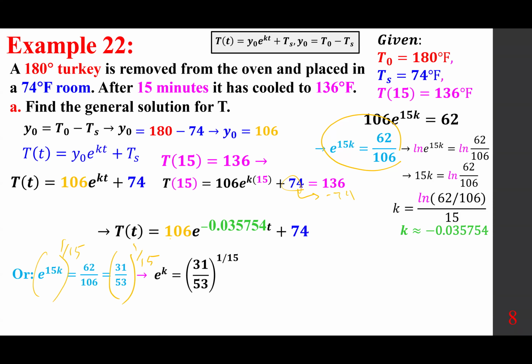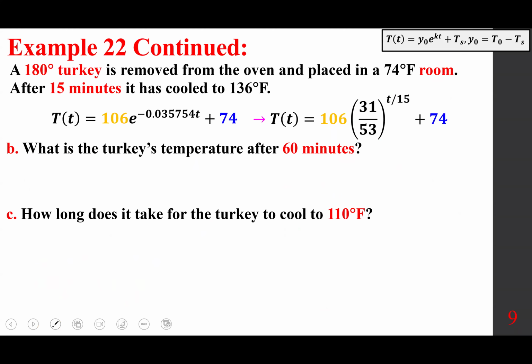Now, we want e to the power of kt, so we're going to raise this to the power of t, and we're going to raise this to the power of t. And now we can replace e to the power of kt with this expression. The point being, this one uses e, this one uses 31 over 53 as the base, and they both work fine. So when we go to the next page, we're going to write capital T of t is both of them.